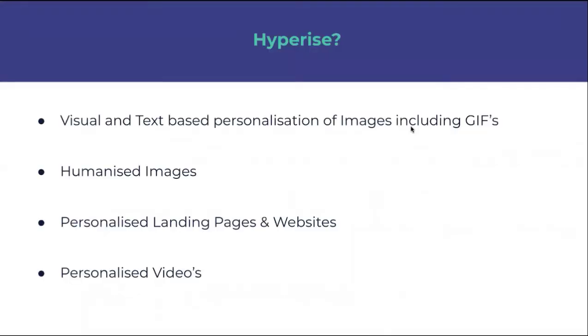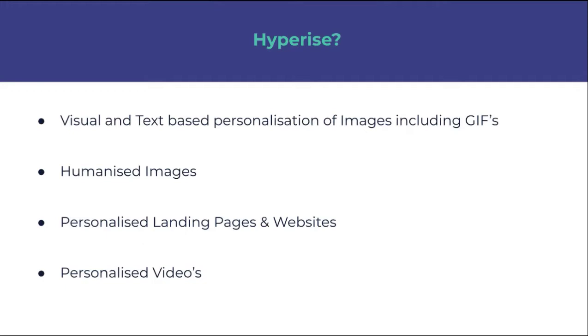So firstly, a bit about Hyperise. What does Hyperise do? Obviously, if you're on this webinar, you're likely to be using MailChimp, but probably not using Hyperise. Hyperise offers visual and text-based personalization of images, including GIFs. We offer some humanized images, which I'll come on to further down the line, which are a really nice technique of engaging a user with an email.